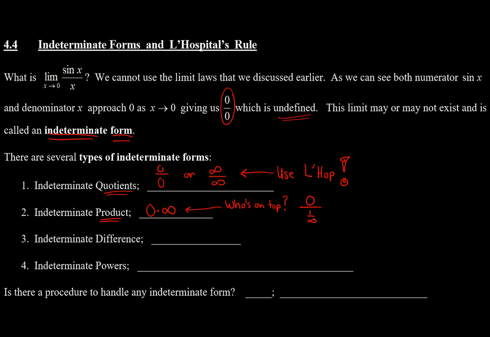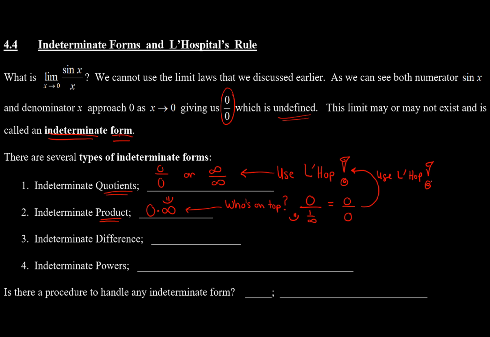Now, dividing by 1 over infinity is the same as multiplying by infinity. And remember, 1 over infinity is 0. So we determine who's on top. We pick the one on top that stays 0. We pick the other one to be 1 over that in the denominator. And we get 0 over 0. And once we have that 0 over 0, then we can use L'Hôpital's.